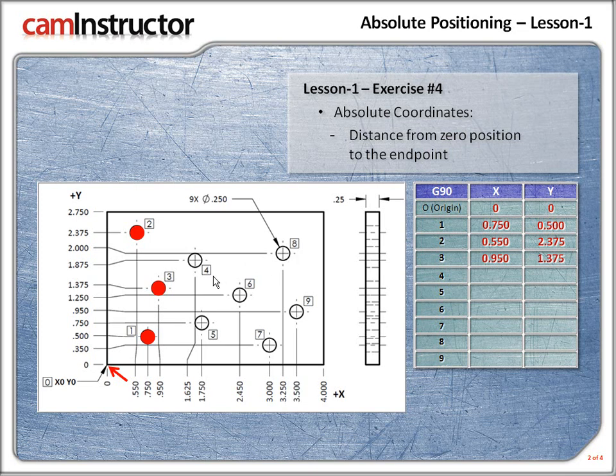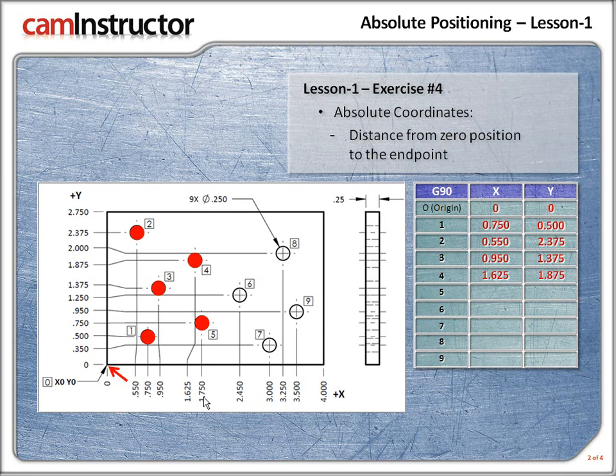Next up is position 4, hole number 4. Now for the X, what do we got? 1.625, and for the Y we have 1.875. Let's take a look at hole number 5.